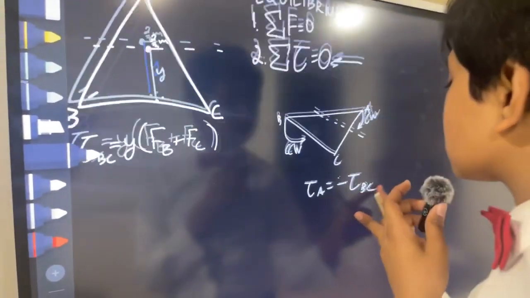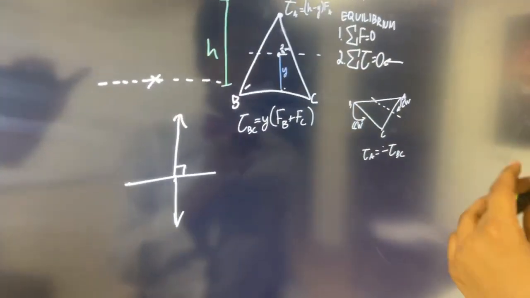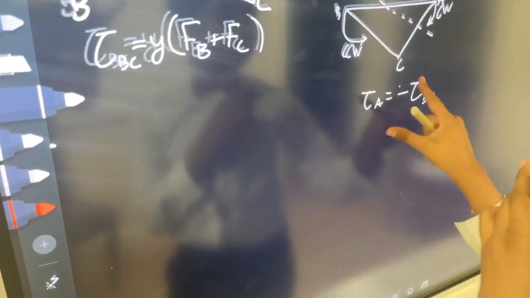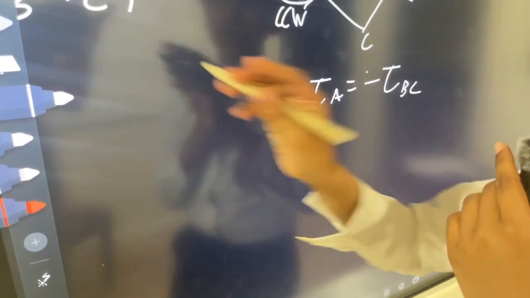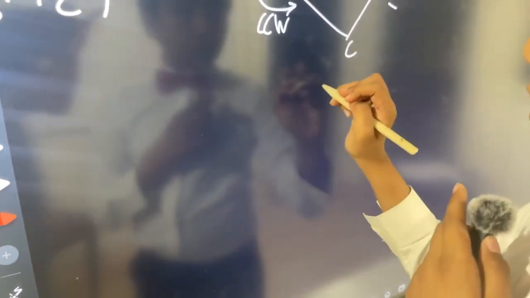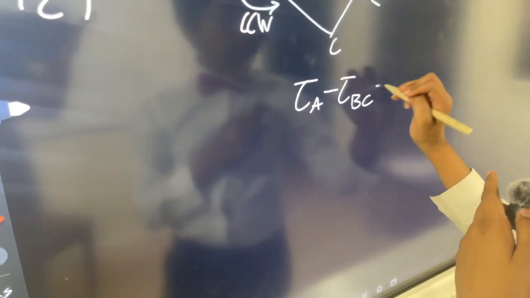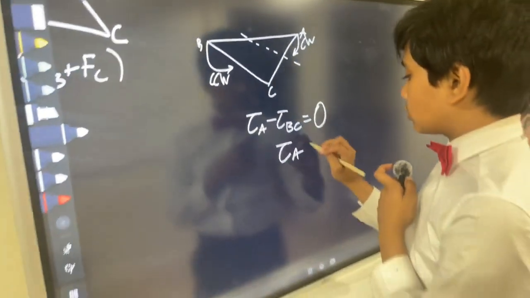So, how can we say that in other terms? Torque A equals minus torque BC. We could say torque A minus torque BC is equal to 0, so torque A has to be equal to torque BC.